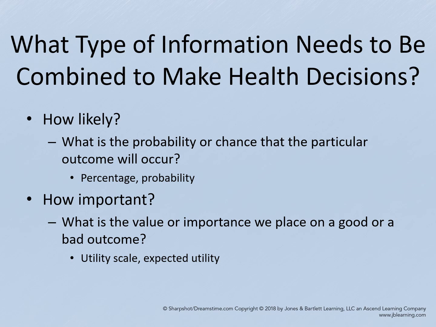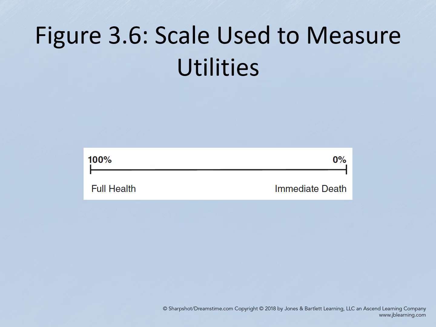Next is how important is it? What is the value or importance we place on good or bad outcomes? It is measured using a utility scale or expected utility. In order to measure utility, we're looking at a range. Full health is 100% utility, but immediate death gets a score of 0 always. So on the utility scale, there is nothing worse than immediate death.